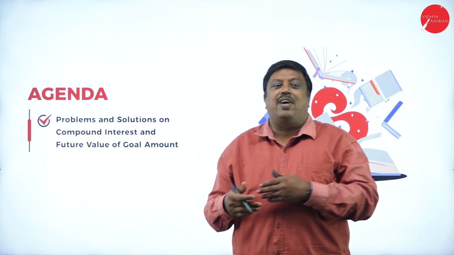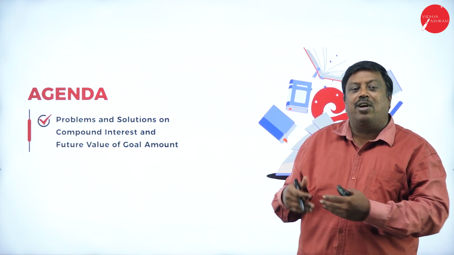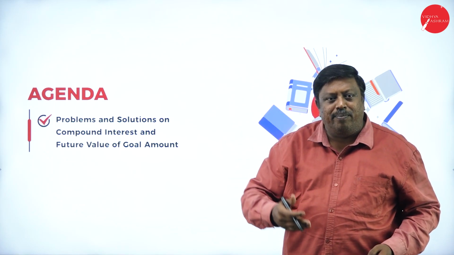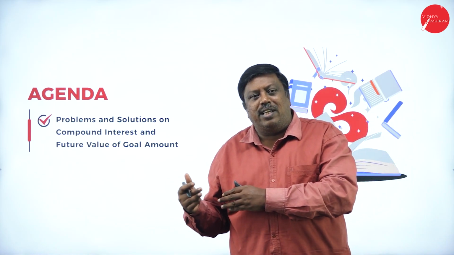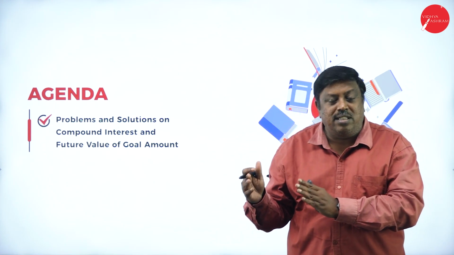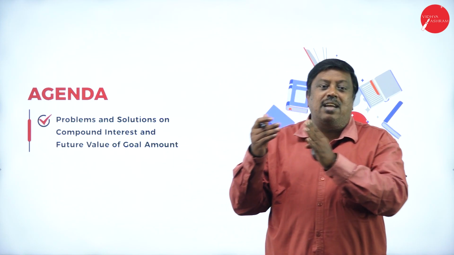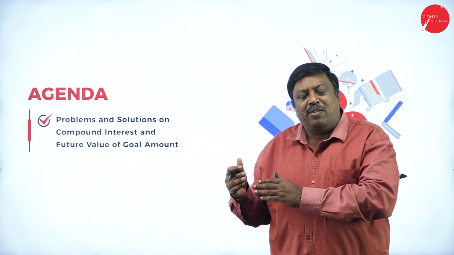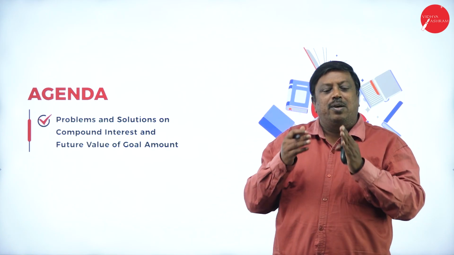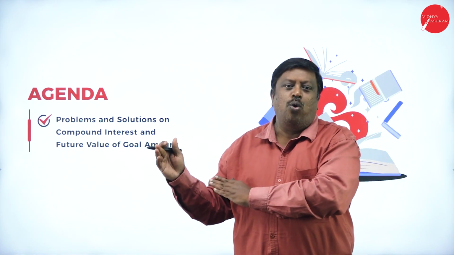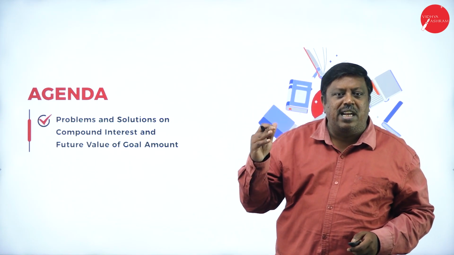For example, if a person wants to save money for his future and the term is 1 to 3 years, we call it a short-term financial goal. If a person wants the investment for a period of 3 to 5 years, we call it a medium-term financial goal. If it is above 5 years, we call it a long-term financial goal.